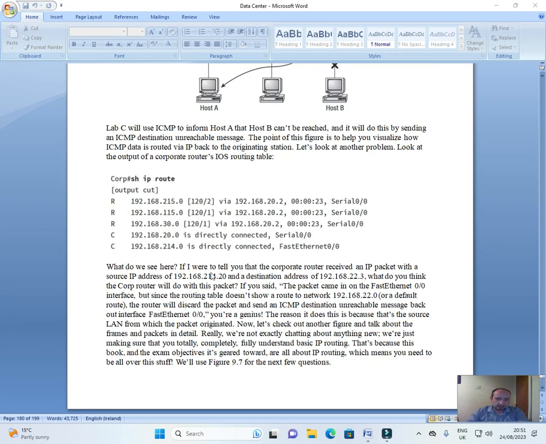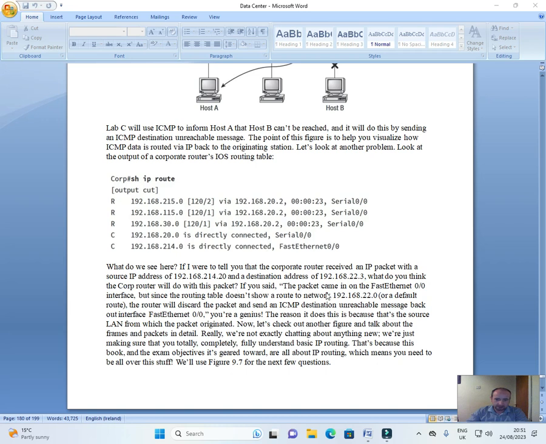What do we see here? If I were to tell you that the corporate router received an IP packet with a source IP address of 192.168.214.20 and a destination address of 192.168.22.3, what do you think the corp router will do with this packet?